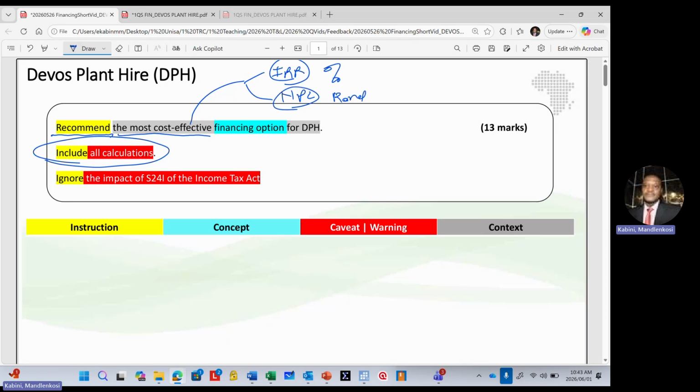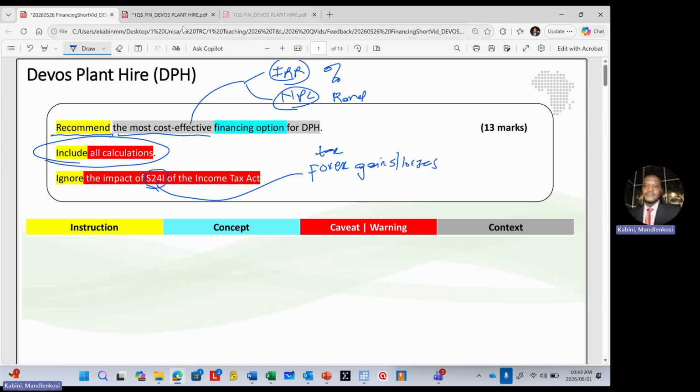So we must decide which one to use, and that will be based on the information that is given. We are asked to ignore section 24I, which is basically foreign tax on foreign exchange gains or losses.